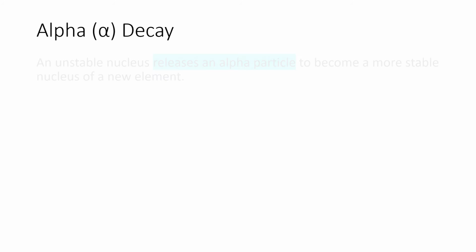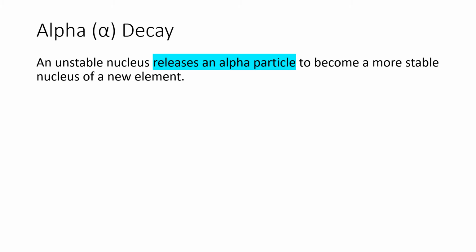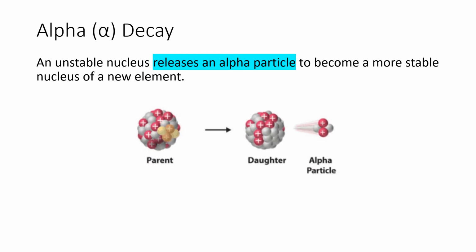During alpha decay, an unstable nucleus releases an alpha particle to become a more stable nucleus of a new element. This figure shows the process of alpha decay. Therefore, we can write that the general equation for alpha decay is as shown. But the question is, why does the equation consist of the helium symbol?